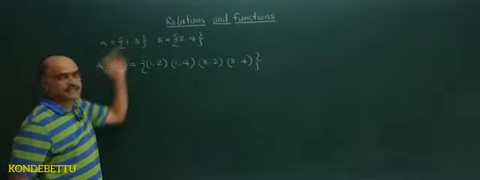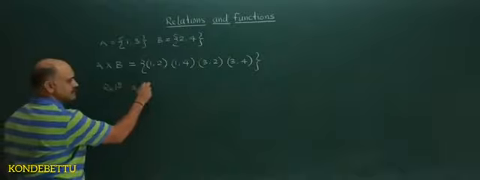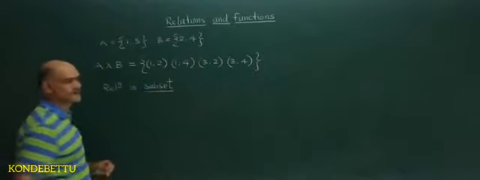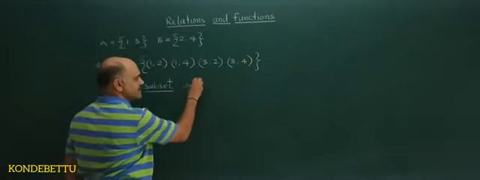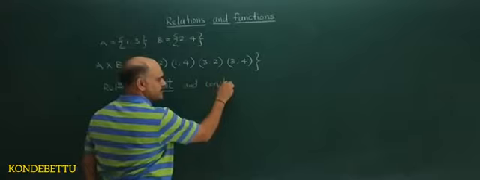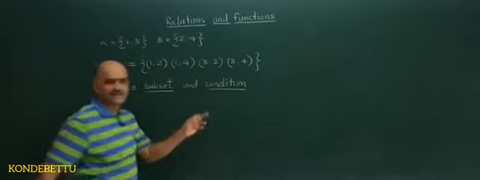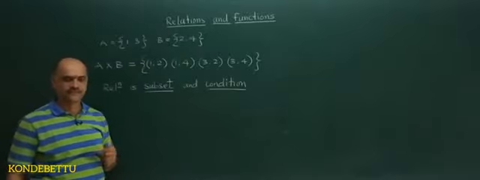Now a relation is a subset of A cross B and satisfies a certain condition. One condition will be given, and if it satisfies that condition, then we call it a relation.